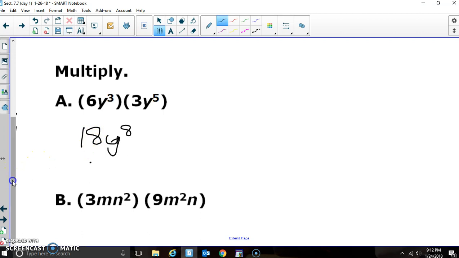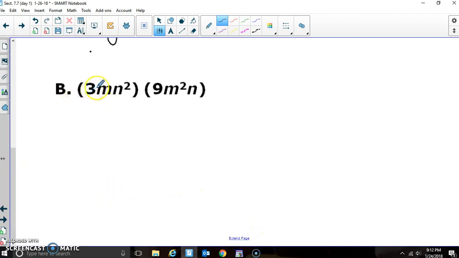3n squared times 9m squared n. Multiply coefficients. 3 times 9 is 27. M times m squared, you add exponents. M to the third power, and n squared times n is n to the third power. That's all you need to do for that one.